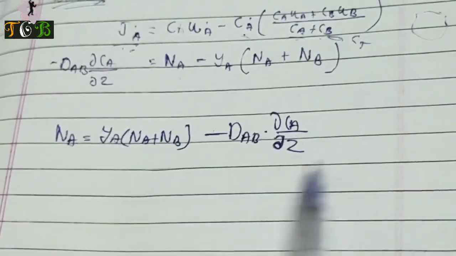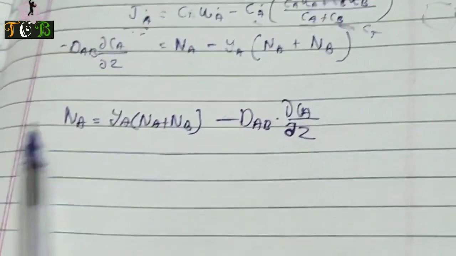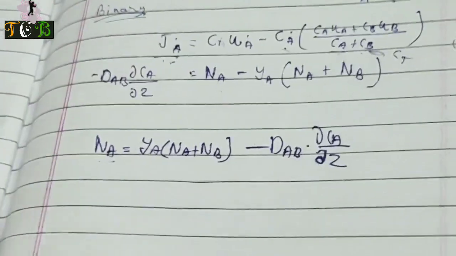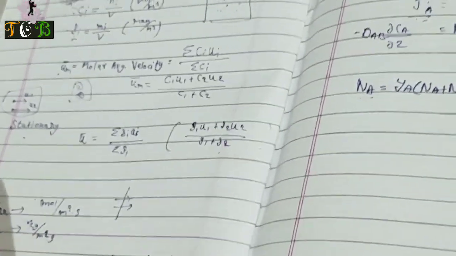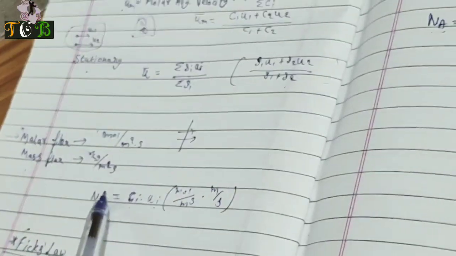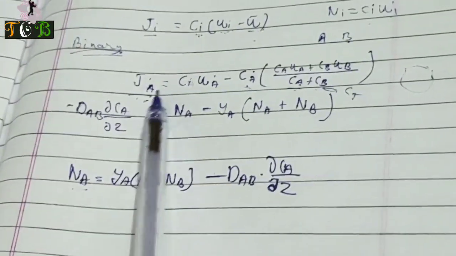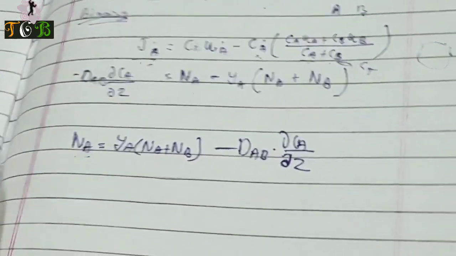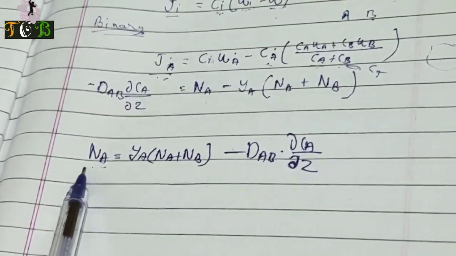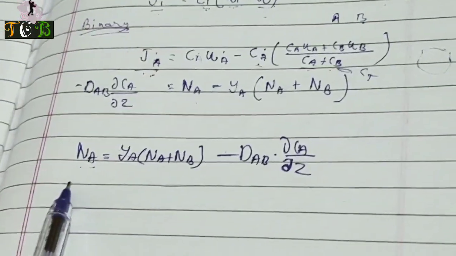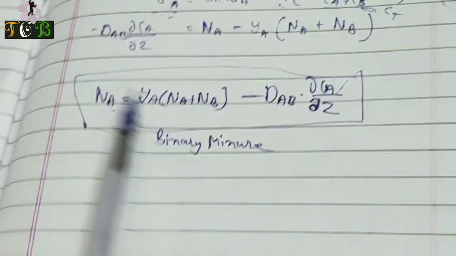Okay guys, so we have this formula which is very important, and it is relating Na. Now Na or Ni that we have defined here is with respect to the stationary frame, and Ja was with respect to the molar average velocity frame. So Na is with respect to the stationary frame, Nb is the other component, and this formula is for a binary mixture, right?